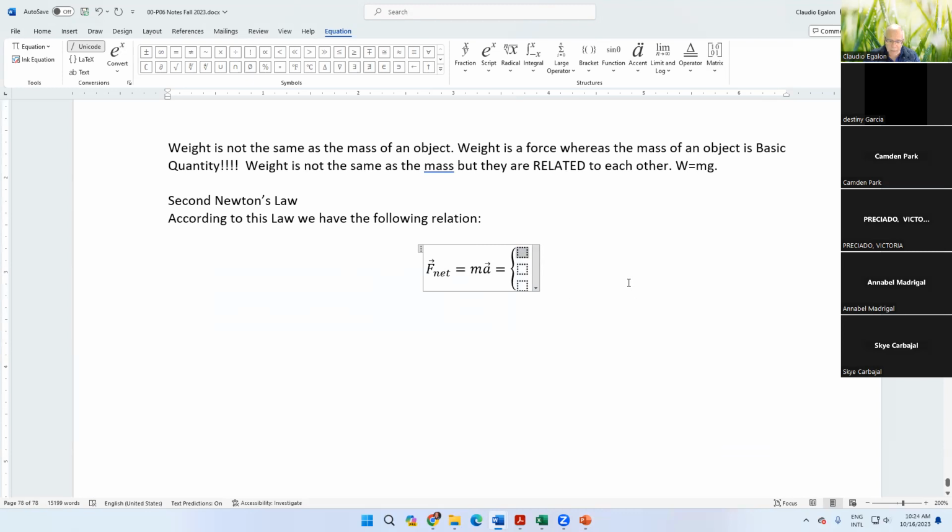The net force along the x direction is going to be equal to mass times acceleration along the x direction. The net force, I'm gonna put an arrow here instead, along the y direction is going to be mass times acceleration along the y direction.